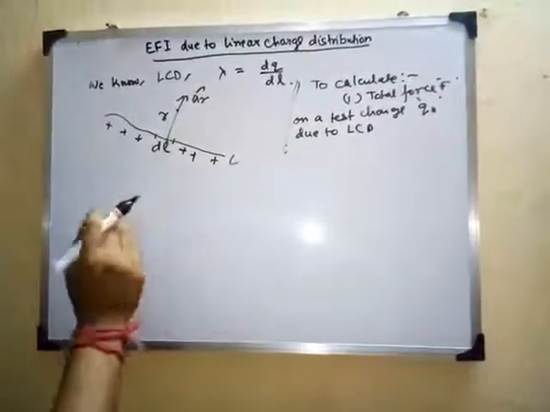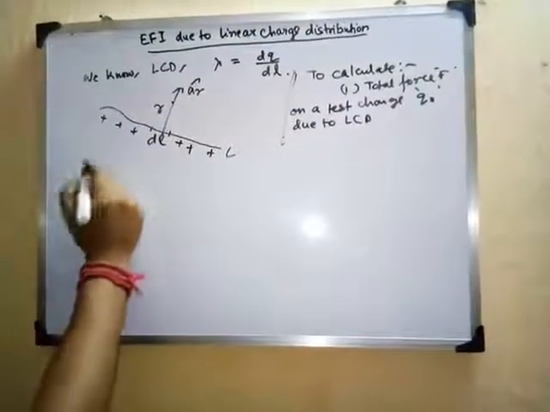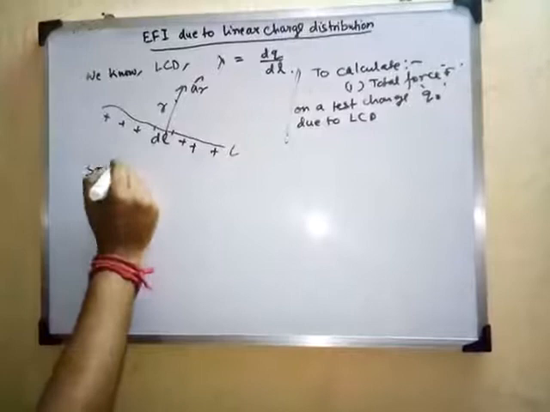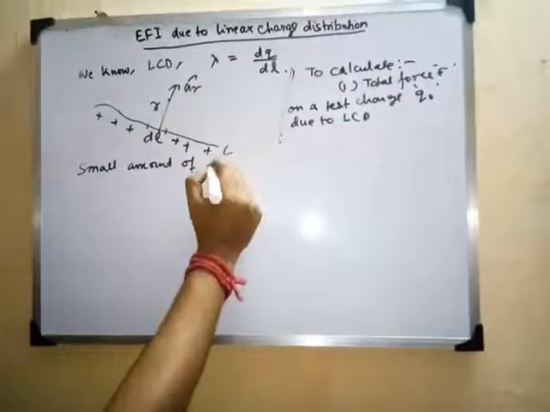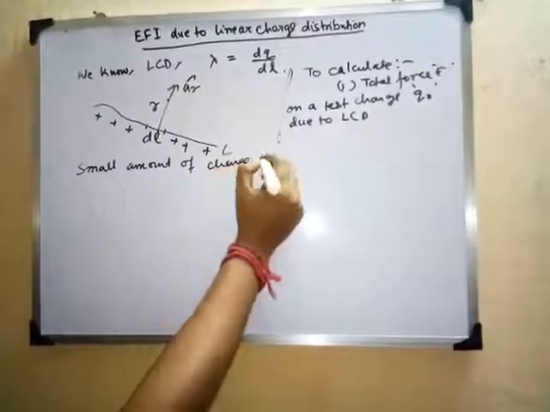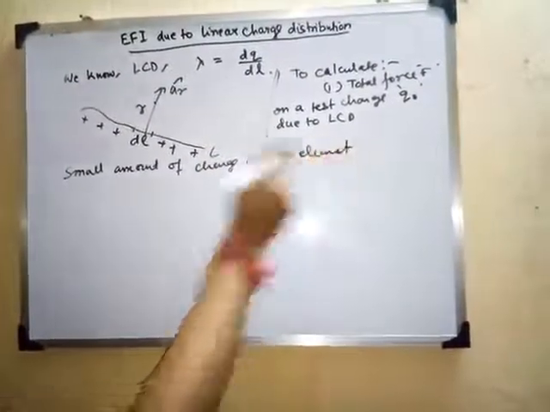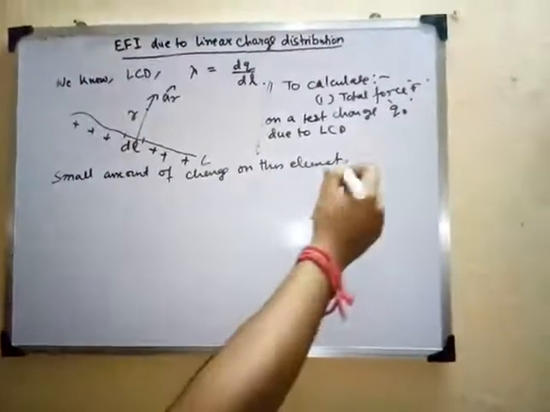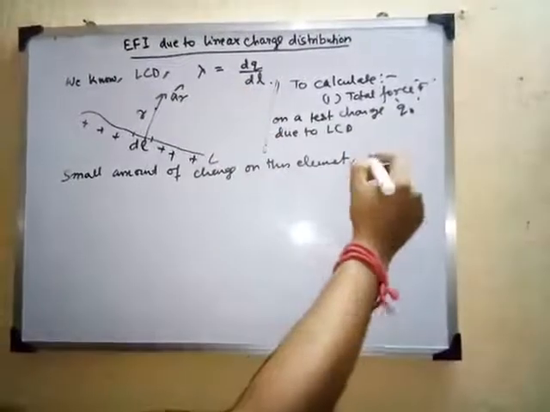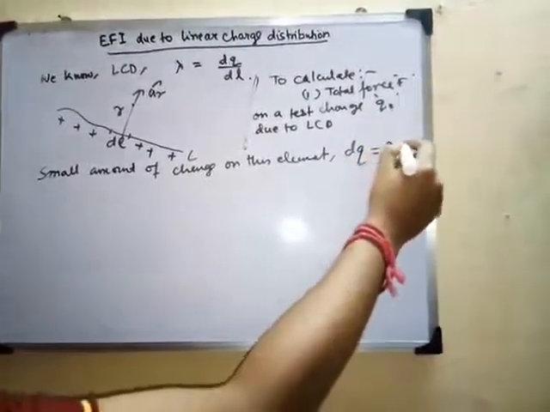So we can write that small amount of charge on this element. Element means here the element is dl, right? So this will be given by, from this equation we can find dq equals lambda dl.